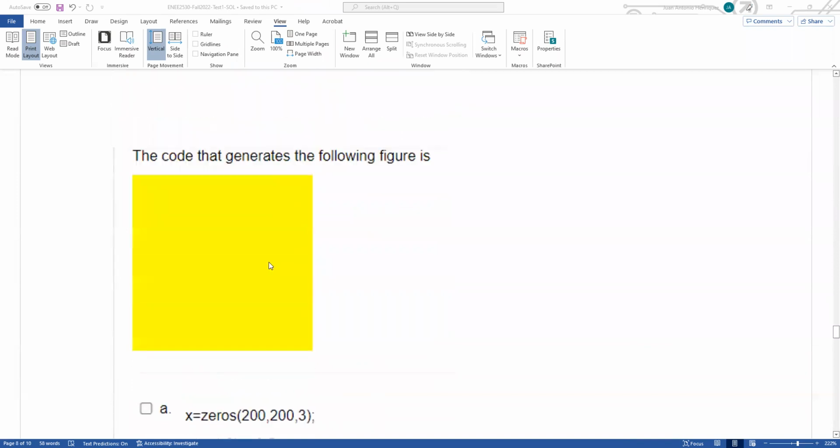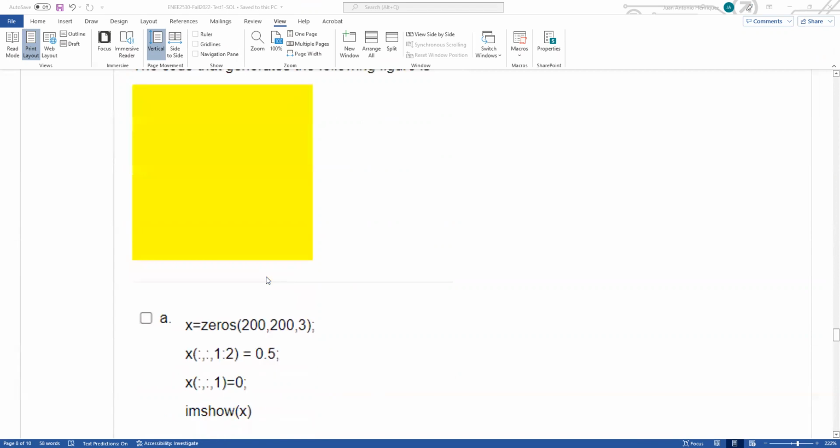For the next one, basically, this is the same one we did also in the lecture. You want to just generate yellow. So you remember colors, pixels are generated in color by assigning the red, green, and blue.